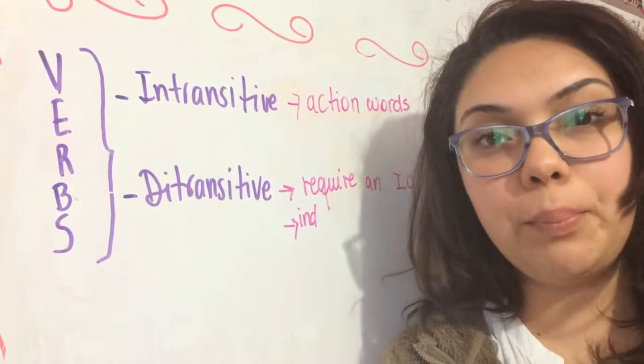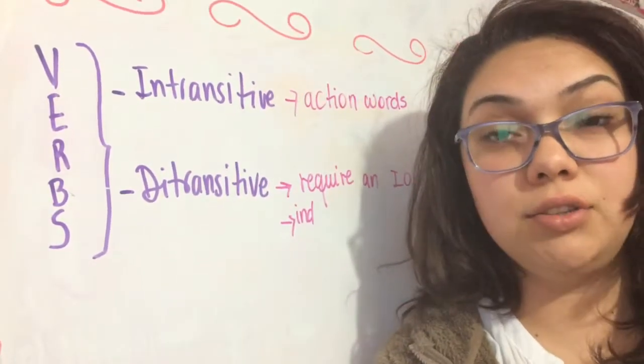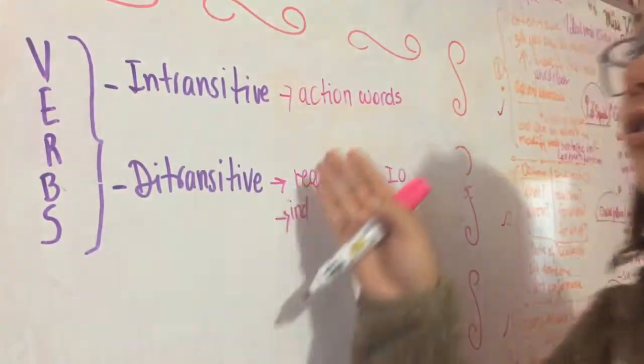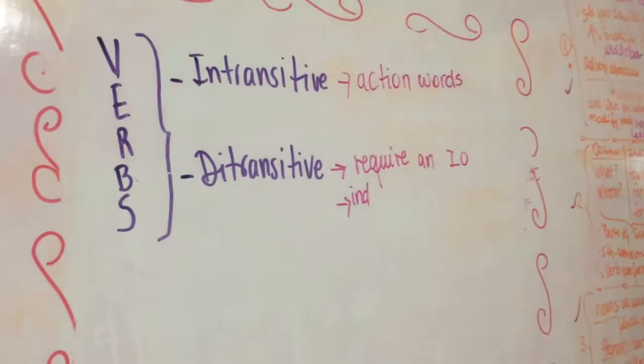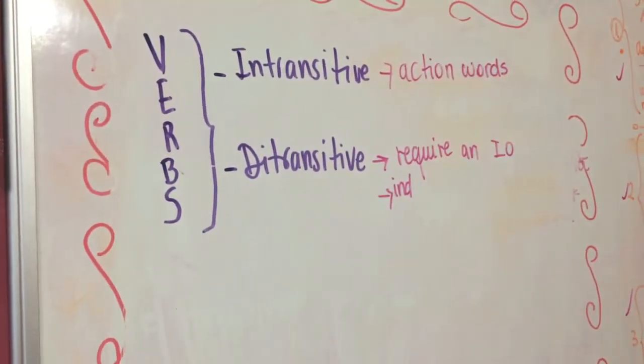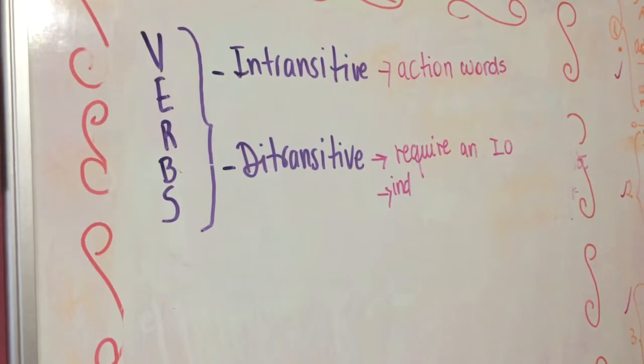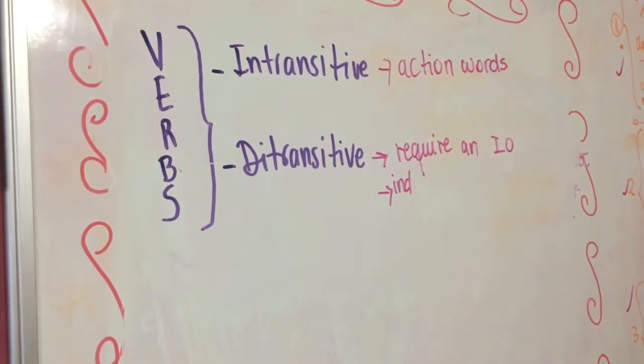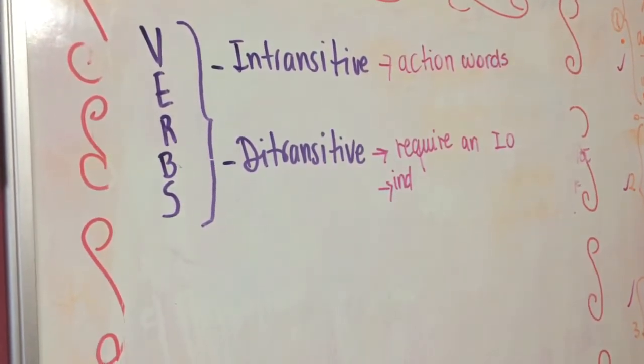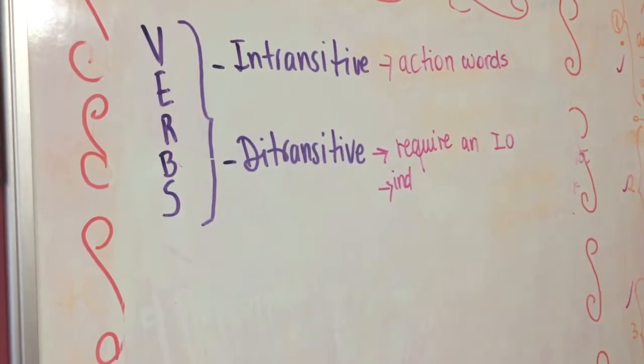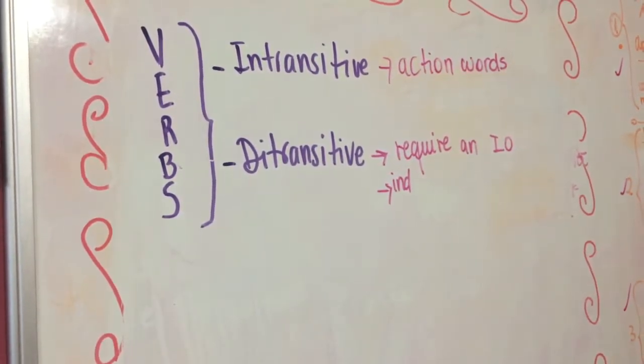Here we have a very important difference according to the verbs, which are intransitive and transitive verbs. The intransitive verbs are action words that do not need or do not have an object receiving the action. There is nothing after the verb.